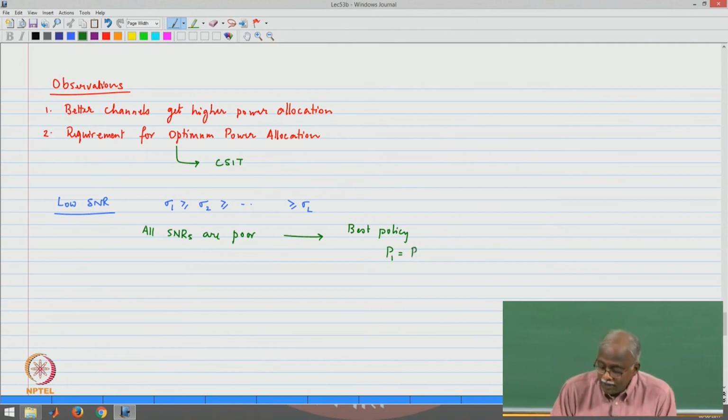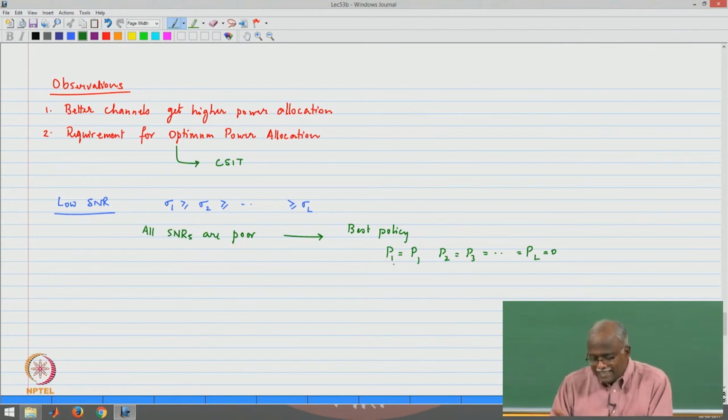So basically P1 equal to P, P2 equal to P3 equal to PL equal to 0. This is what we call the best eigen transmission policy, or the best channel policy, and the reason is clear: our ability to get the maximum data through the system is maximized by giving all the power to sigma 1, where sigma 1 by itself is not so good, but by giving additional power we are able to get the maximum out. This is intuitively something that you would feel is the right thing to do.